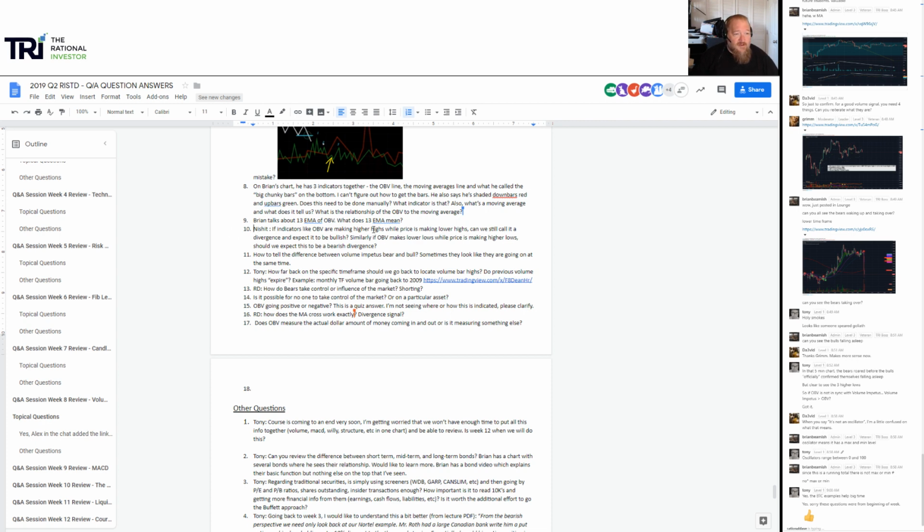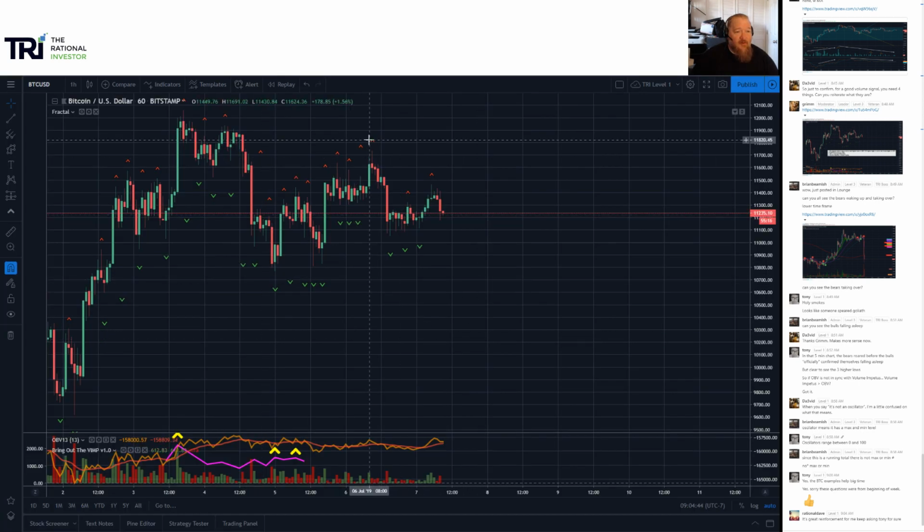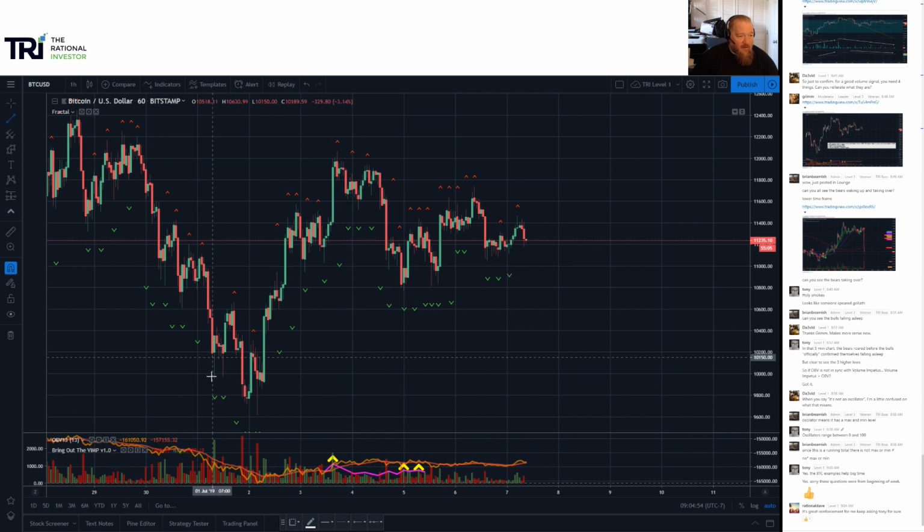All right. If indicators like OBV are making higher highs while price is making lower highs, can we still call it a divergence and expect to be bullish? No. So we look for very specific things when we're looking for divergence. When we are measuring for a bullish divergence, what we care about are, well, we don't have one right here, but we have one right here, okay?